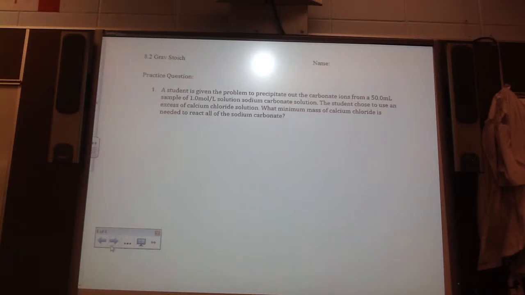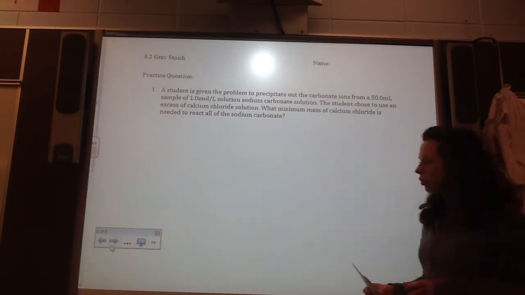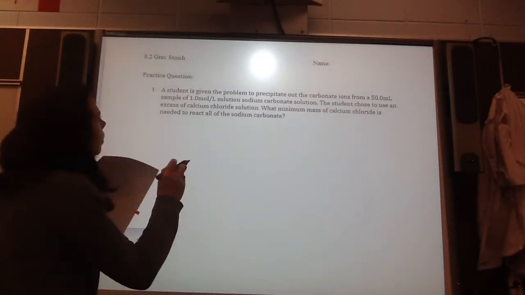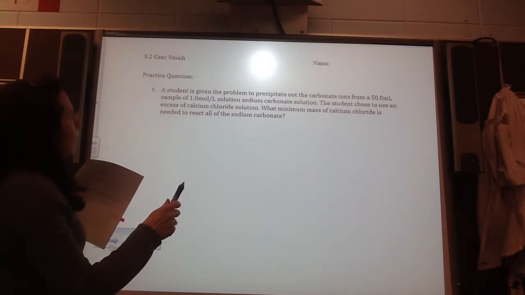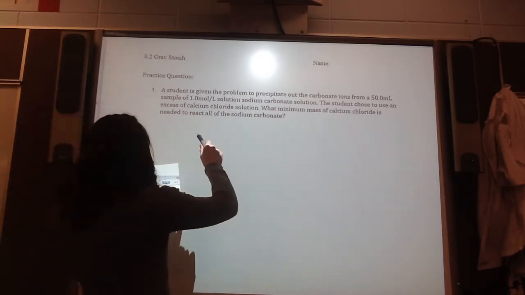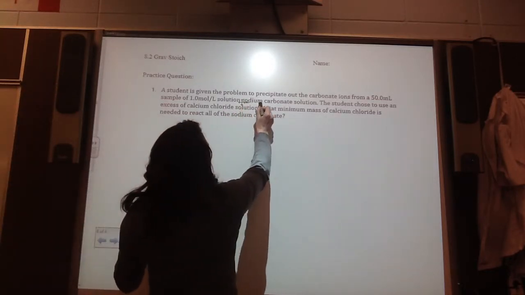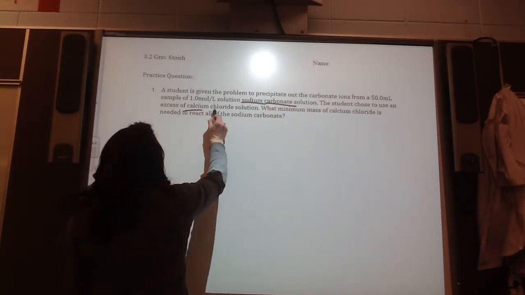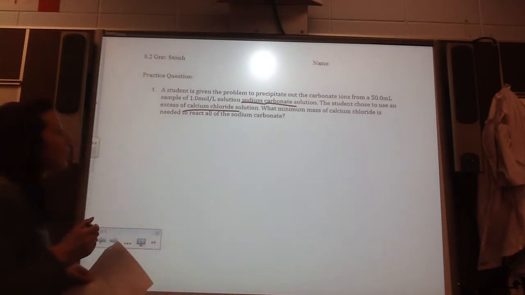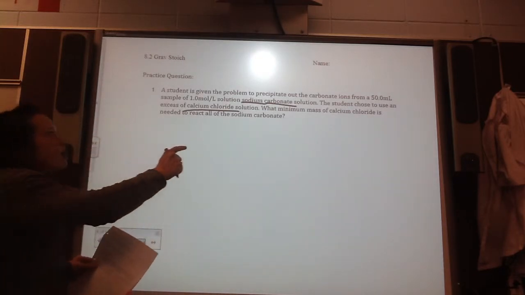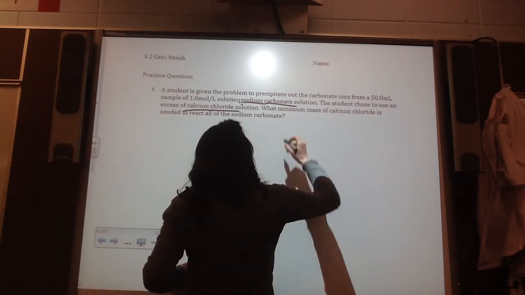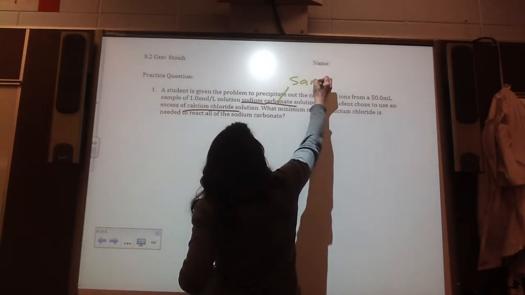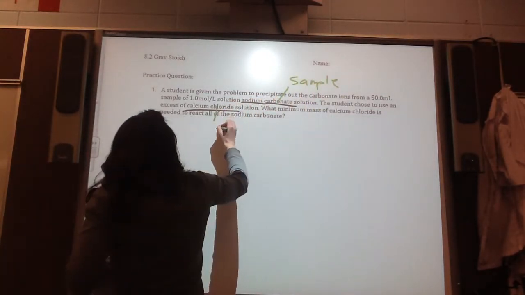Okay. So let's write out our chemical formula. What we're reacting here is one of our reactants. They choose to use an excess of calcium chloride in solution. So this is the sample, and this is the excess.